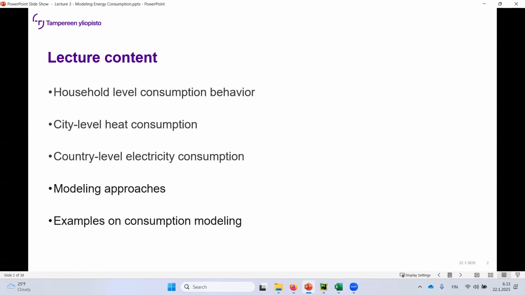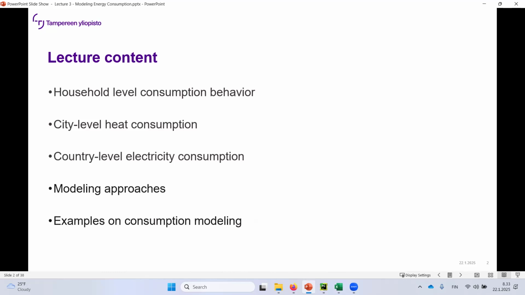And I'm trying to keep this course on a level that it's not going to go too deep into mathematics, but on the other side we're not trying to stay on an elementary level either. So throughout this course, I'm trying to anchor these 3 levels: household level, city level, and country level examinations.